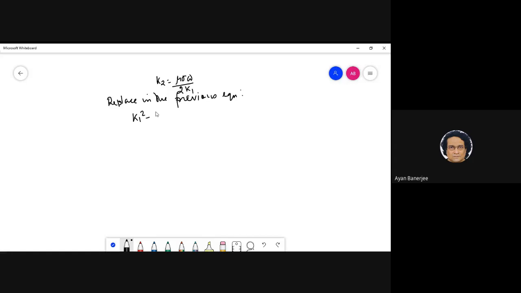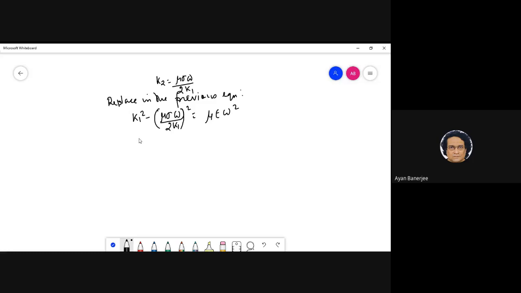K1 square. So that one was K2 square, right? So basically mu sigma omega by 2 K1 whole square equal to this right hand side, mu epsilon omega square. I think this is fine. Then it is simple.